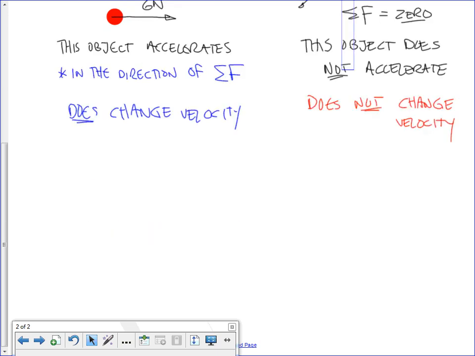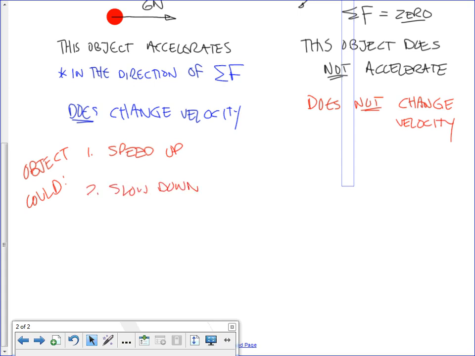A change of velocity can happen in one of three ways. One, this object could speed up. Two, slow down. Three, tough one, remember?